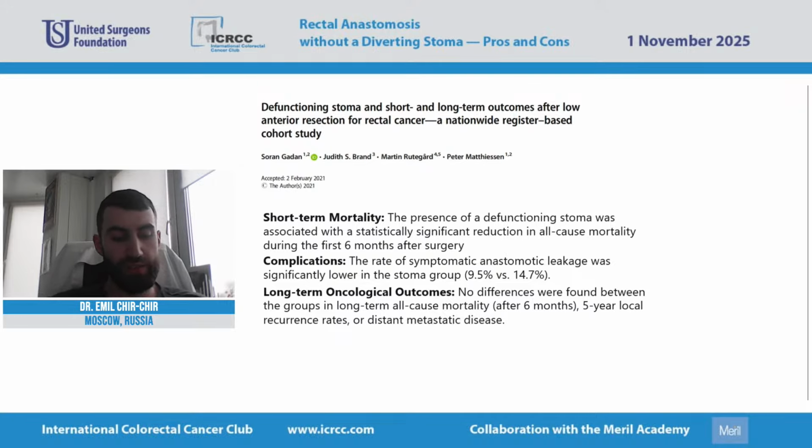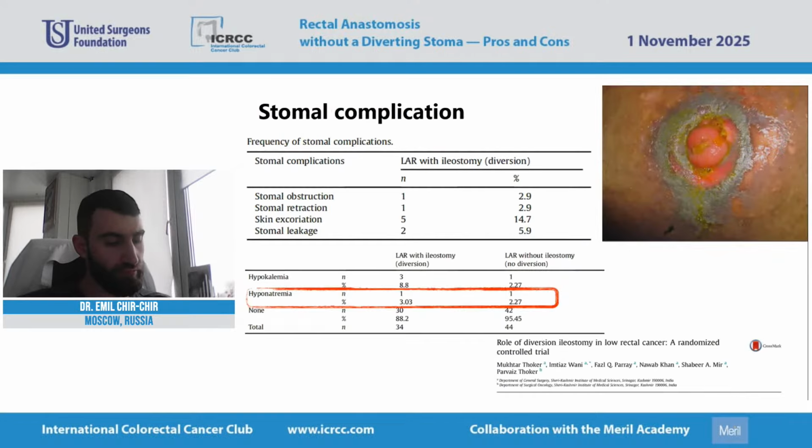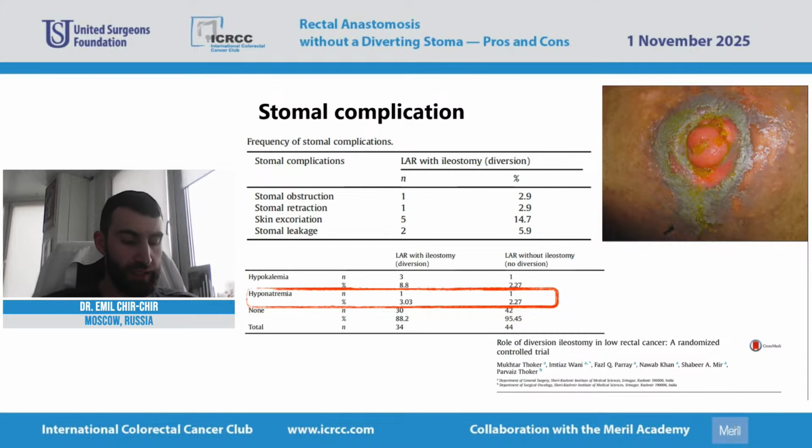However, it does not affect long-term survival and oncological outcomes. So, can we speak peacefully? Not quite. A number of studies indicate that preventive stomas can themselves be a source of problems.